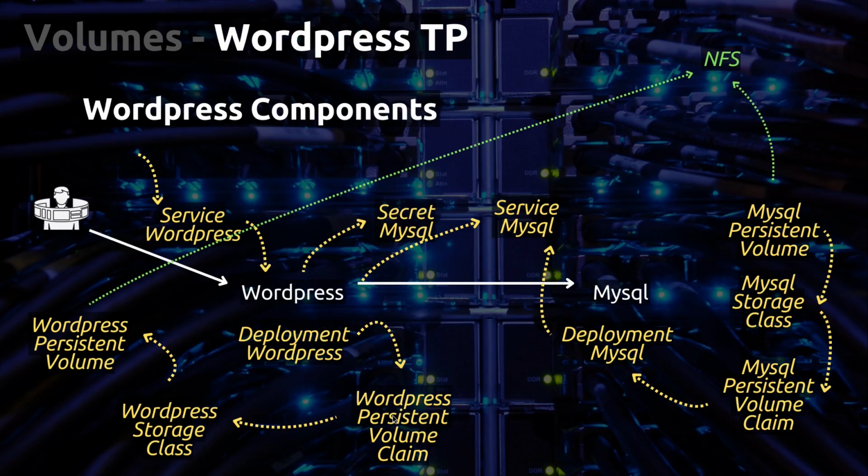That means that with a persistent volume claim, you can deploy your WordPress with a dedicated resource named deployment. We already saw that.